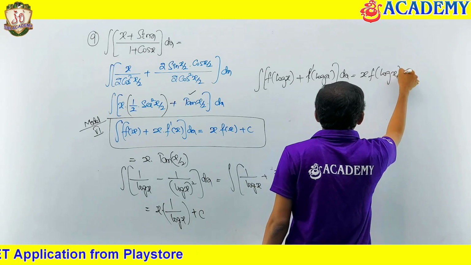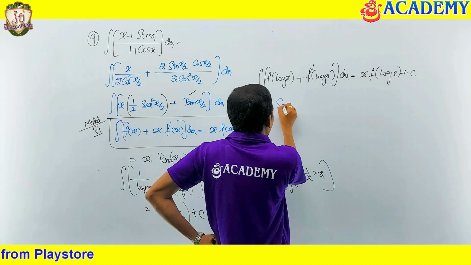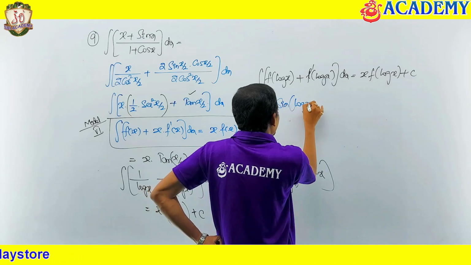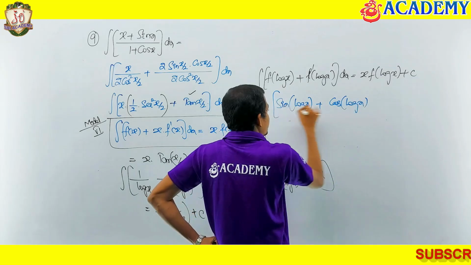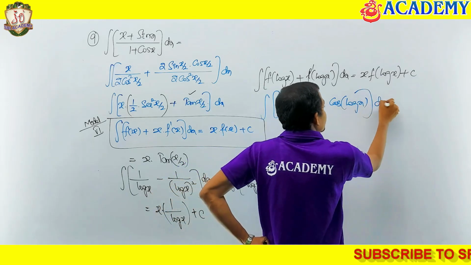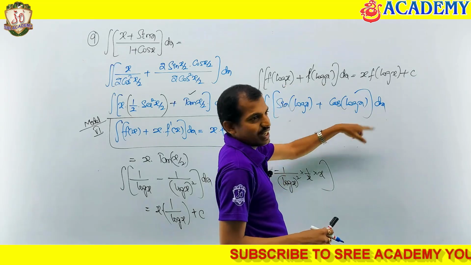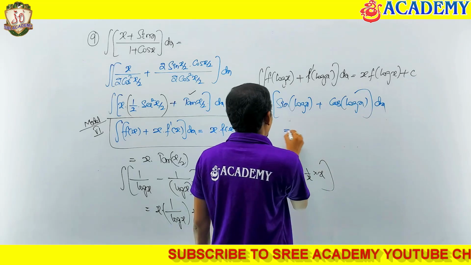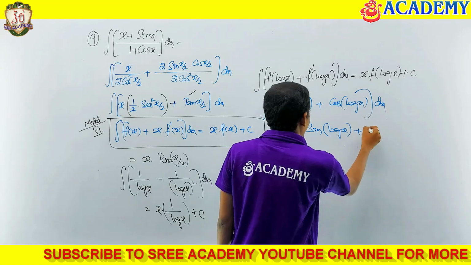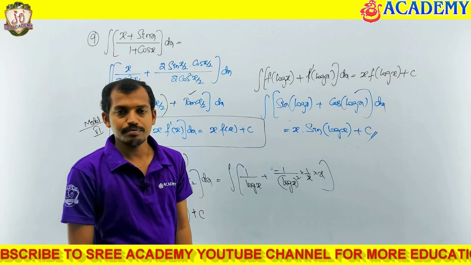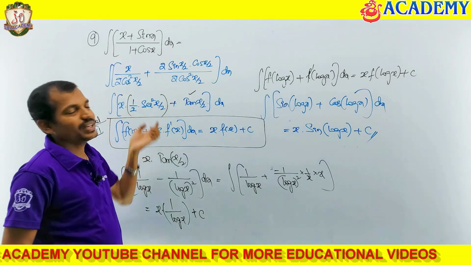For suppose, sin x derivative is cos x, so if I am writing sin of log x plus cos of log x, if you have it like this, f of log x plus f dash of log x represents it. The answer, x into the function, is going to be x sin of log x. If you remember this formula, you are going to get the answer.